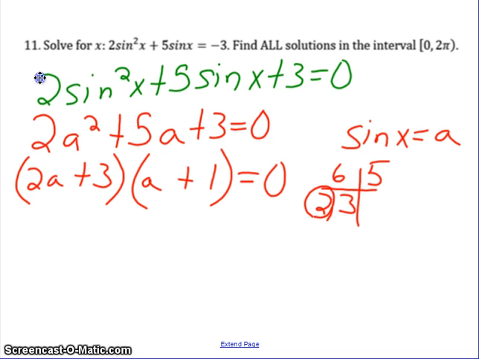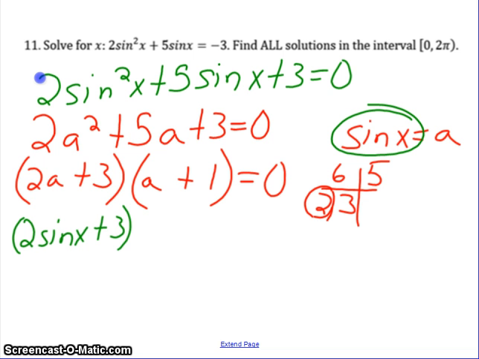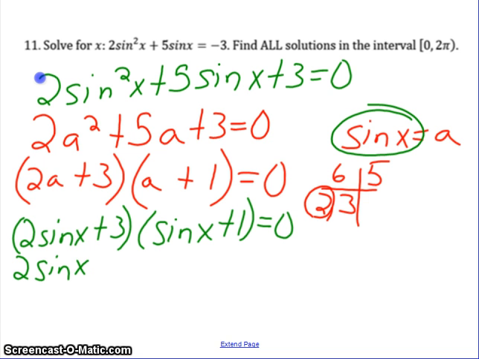Alright, now I'm going to substitute sine of x back in where a is. So I have 2 sine of x plus 3 times sine of x plus 1 equals 0. I'm going to set both of these factors equal to 0 and solve both equations.